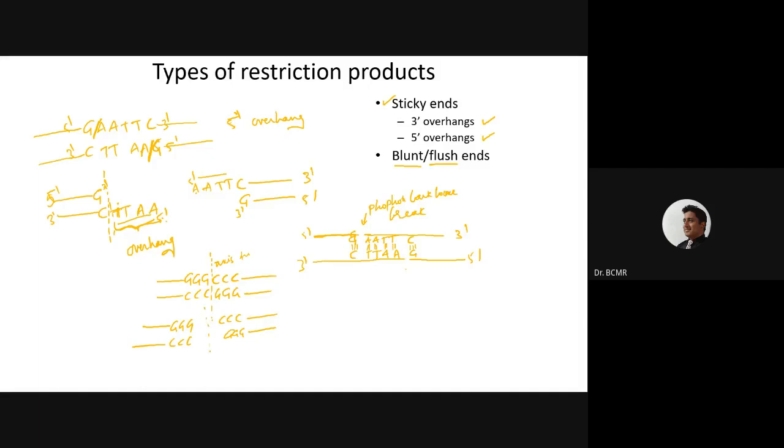So these are called blunt ends. There is no overhang or no sticky ends. So those are called blunt ends.